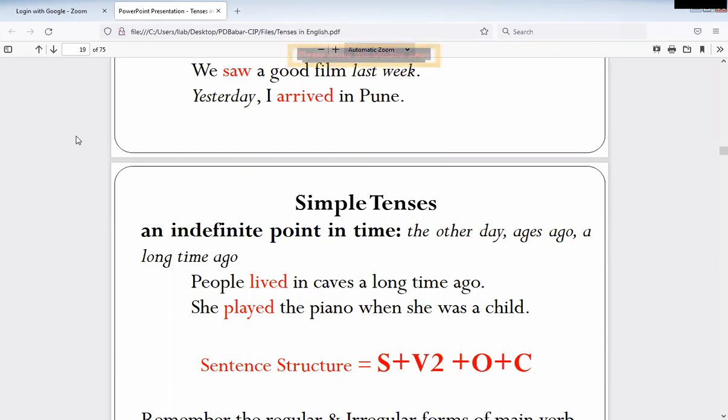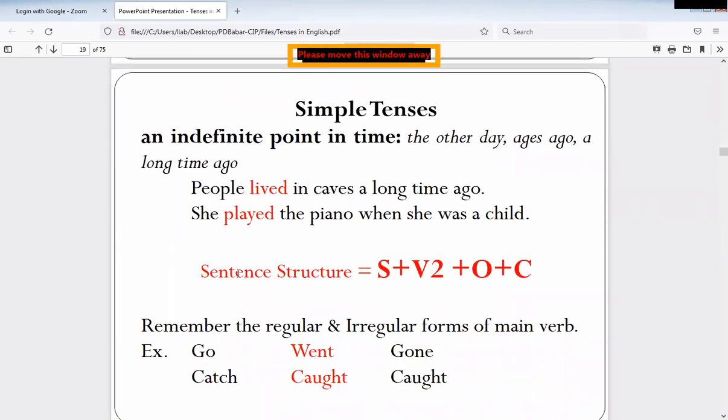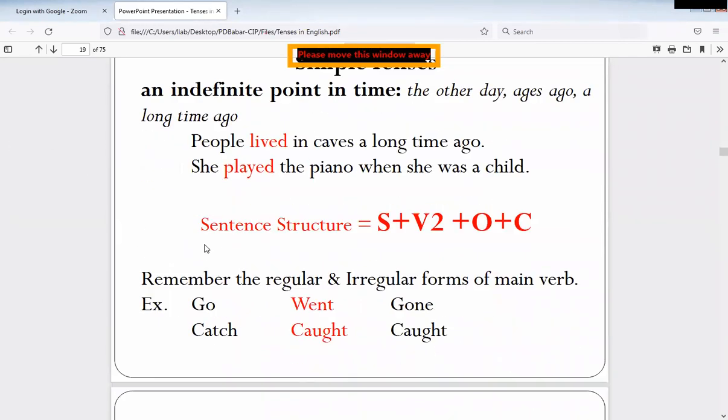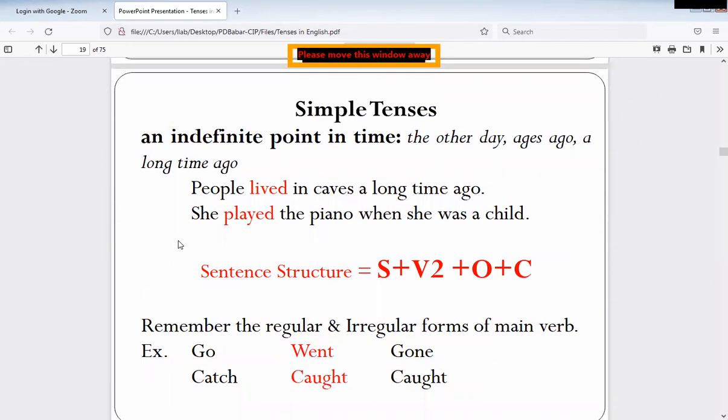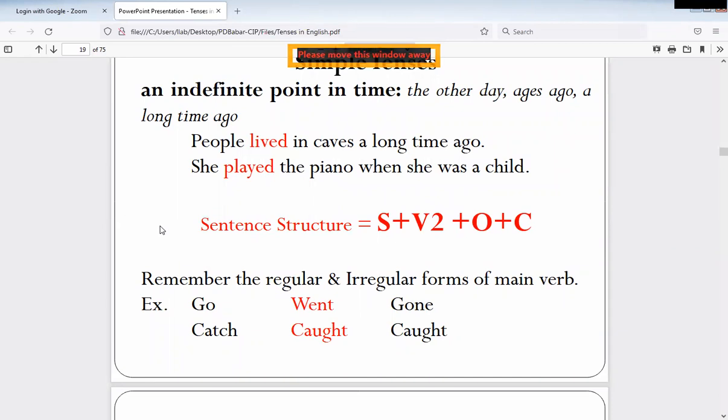That's why we have used: she played the piano when she was a child. So these are also expressions that we can use to show an indefinite point in time.